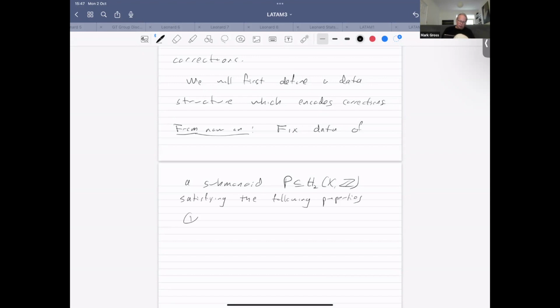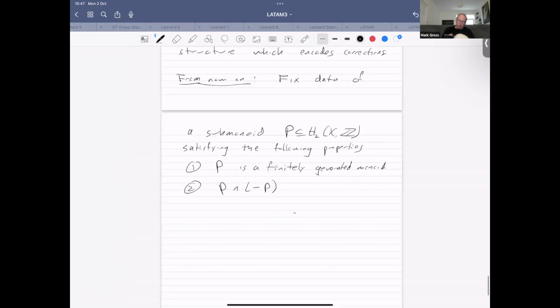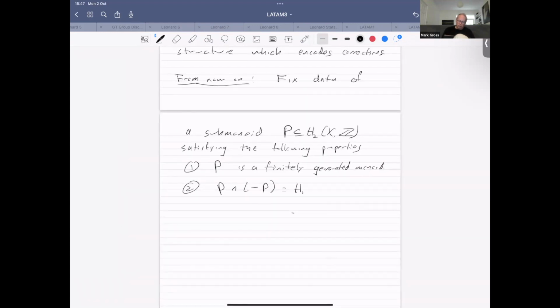So we would have, first of all, P is a finitely generated monoid. Secondly, I want the set of units in P, so P intersect minus P, should just be the torsion elements of second homology.